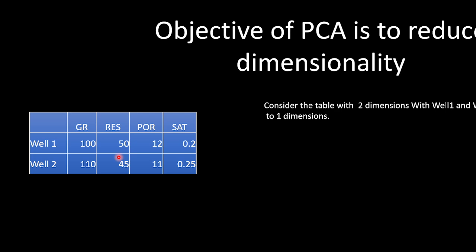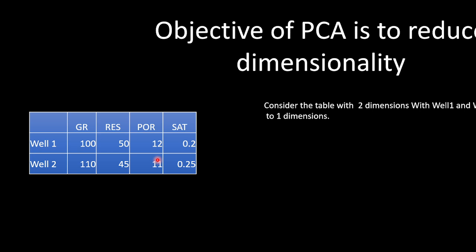Don't worry about the data; it represents reference data for all the parameters I'm mentioning. Imagine well 1 is one dimension and well 2 is another dimension. Representing this data between two dimensions will give you some insight.